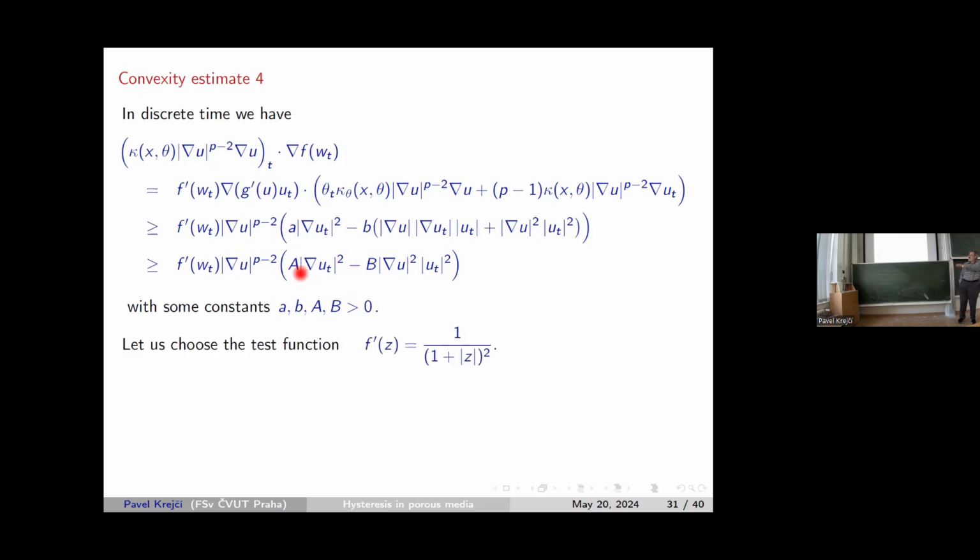If we choose f prime to be 1 over 1 plus z squared, then u_t squared is compensated by f prime. And what do we get?